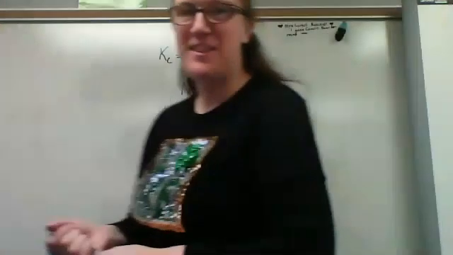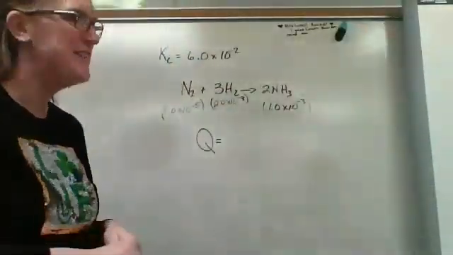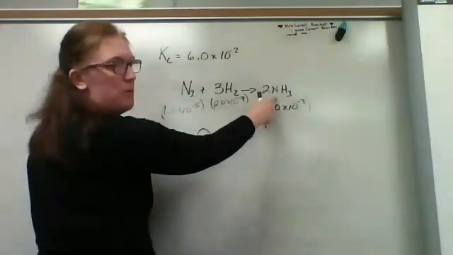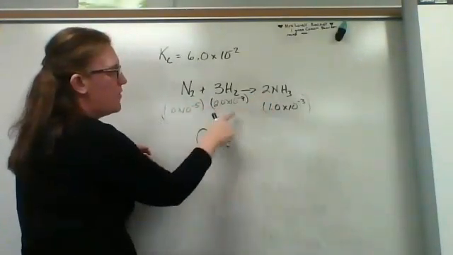Sorry, there's not a great way to do this. So I'm just going to take those numbers and start plugging them in. I'm going to put my products over my reactants.